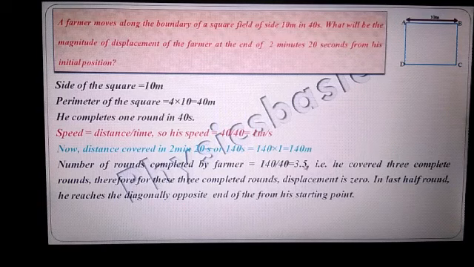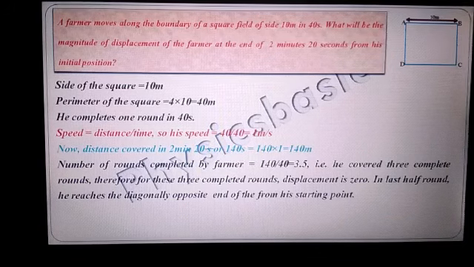So he will cover 3.5 rounds. But in 3 rounds, starting from here and coming back to here, displacement is 0. Again he started from here, came to here, displacement is 0. So in 3 rounds, displacement is 0.